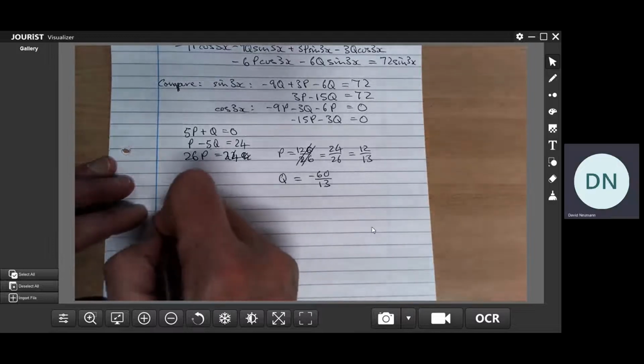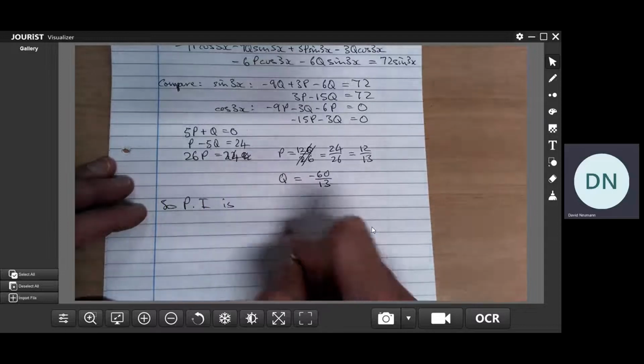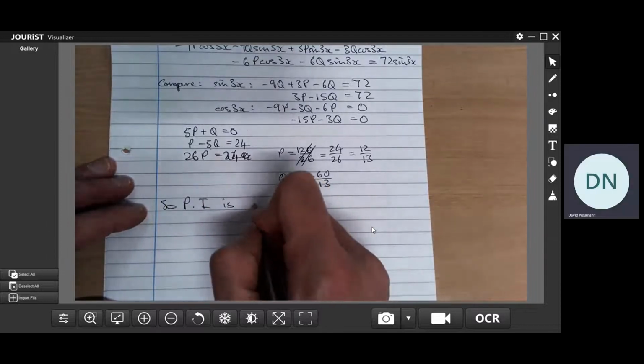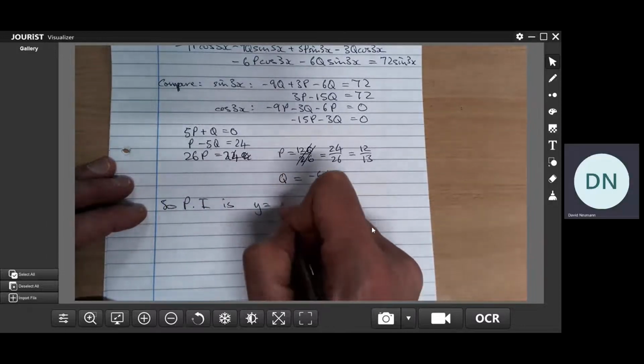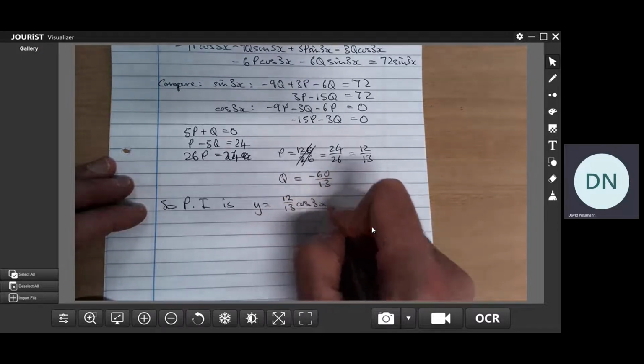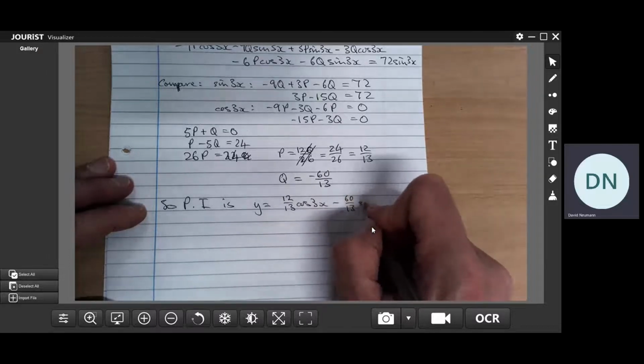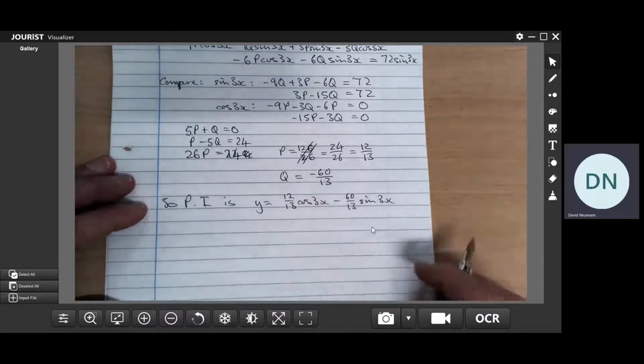So we found our particular integral. So PI is, let's go back to it, y equals 12 over 13 cos of 3x minus 60 over 13 sine of 3x.